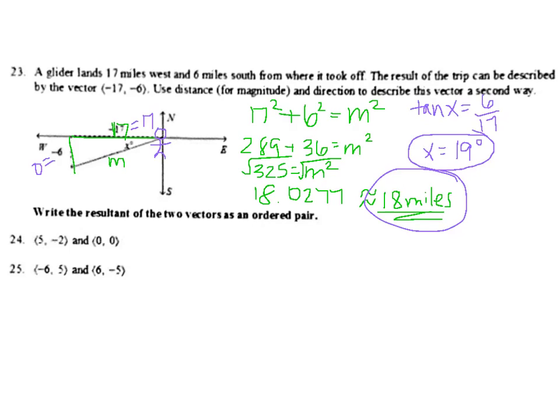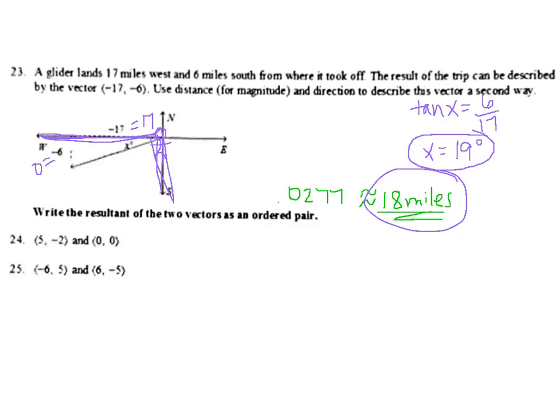Okay, so 19 degrees. The only other thing I have to clarify is which direction this is going to be. So 19 degrees, I know it's southwest something, right? Because I'm in between south and west. But I need to figure out, is it south of west or is it west of south? And the way I do that is I see that my vector is part of west, right?